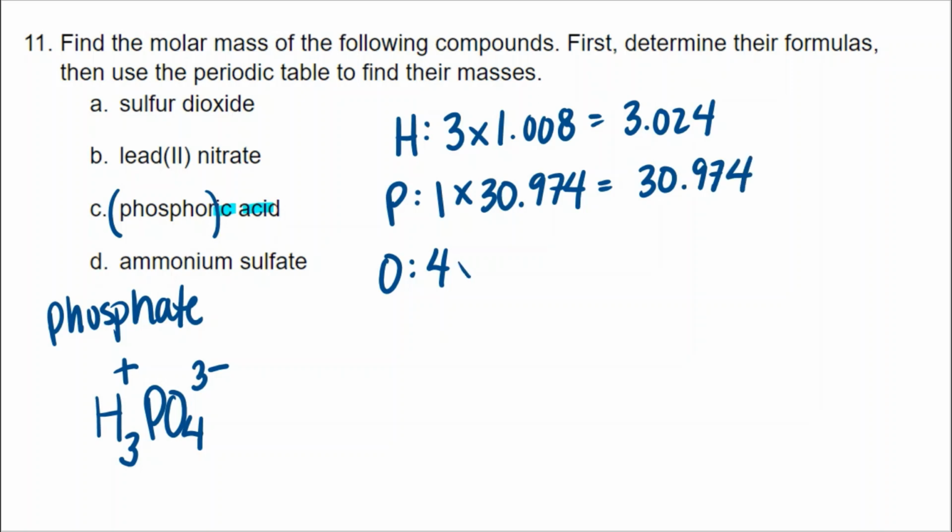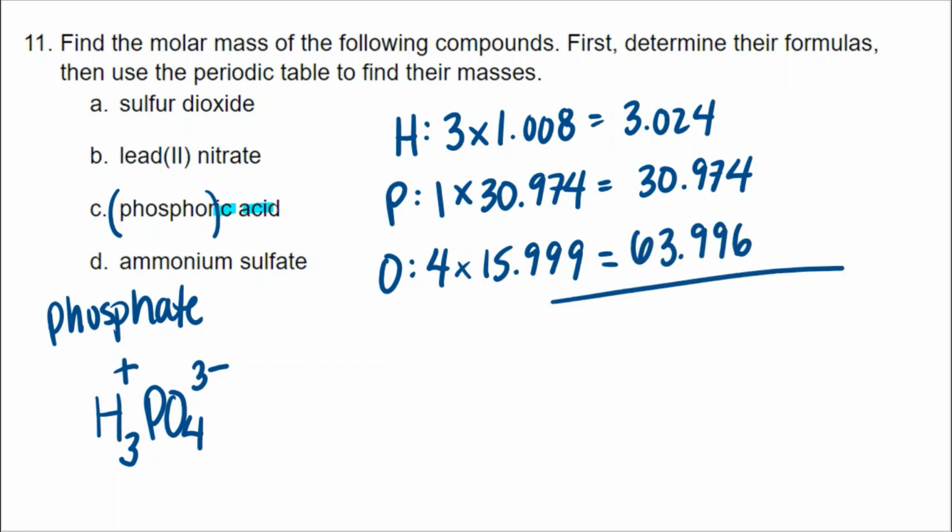And oxygen is going to be 15.999, and we're going to multiply that by 4. And then we want to add all these numbers together. When I add those together, I get 97.99 grams per mole for phosphoric acid.